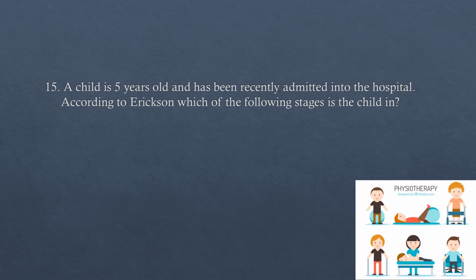Question number 15. A child is 5 years old and has been recently admitted into the hospital. According to Erikson, which of the following stages is the child in? A. Trust versus mistrust. B. Initiative versus guilt. C. Autonomy versus shame.